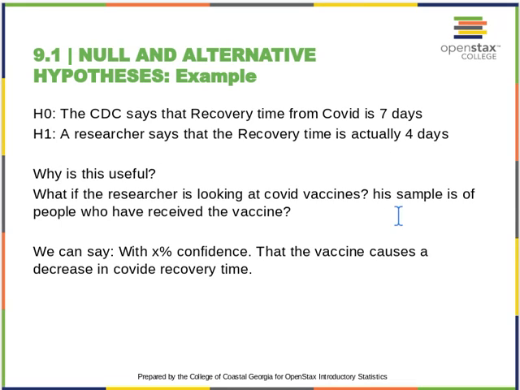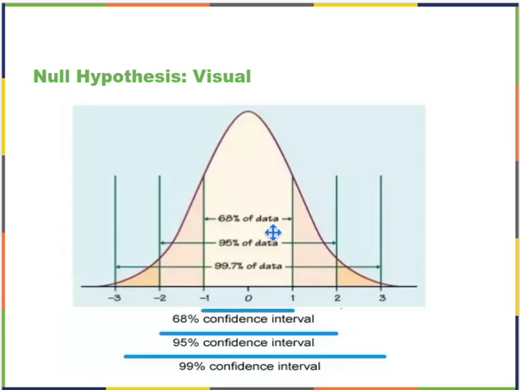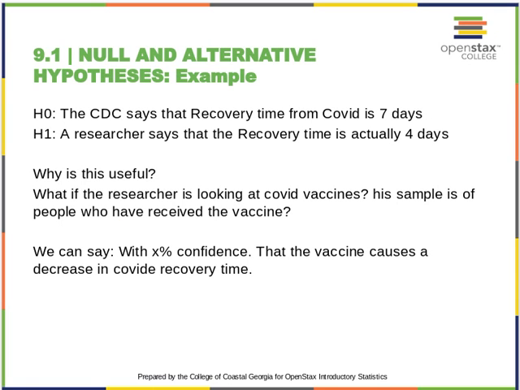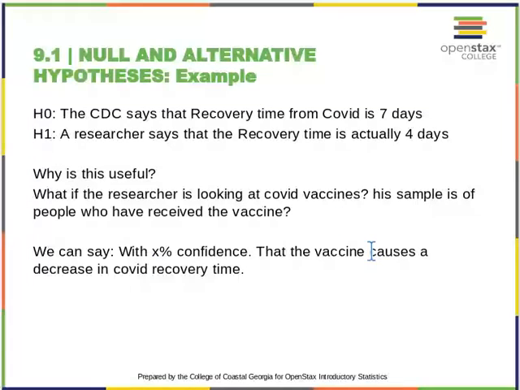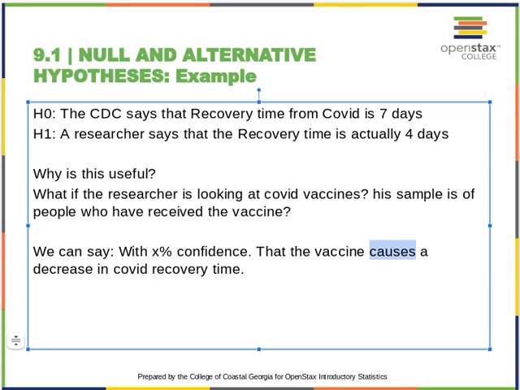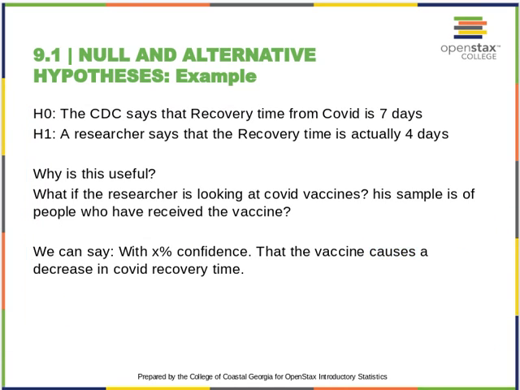Well, if that confidence interval is 99%, we say that the vaccine causes a decrease in COVID recovery time. You have to be careful when you say causes, and quite honestly, this is not the right time to use it. I'm just putting it here because it helps make that argument. This is why we do it, because you want to be able to show this, and this is one major step in doing that.